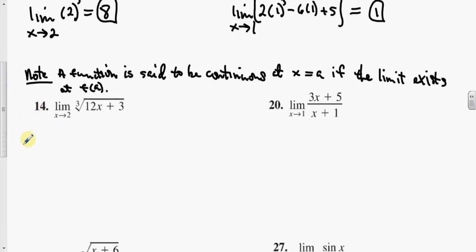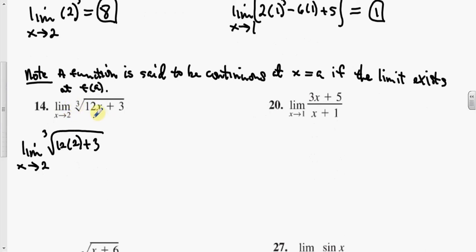And so we have the limit as x approaches 2 of the cube root of 12 times 2 plus 3. I just evaluate the limit function at the value x equal to 2.